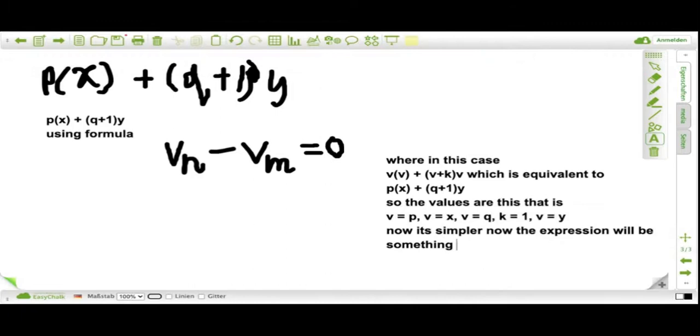Now since we got the values, plug them in, fit them back into the equation, and then you shall have your answer.